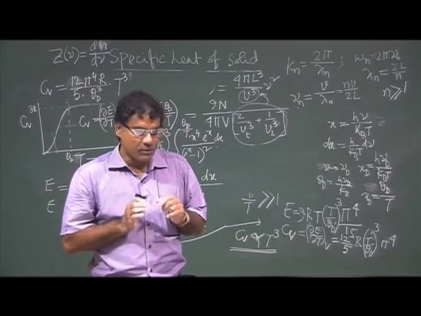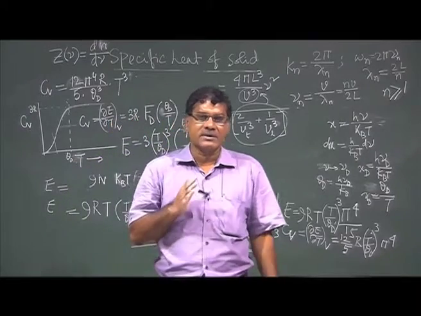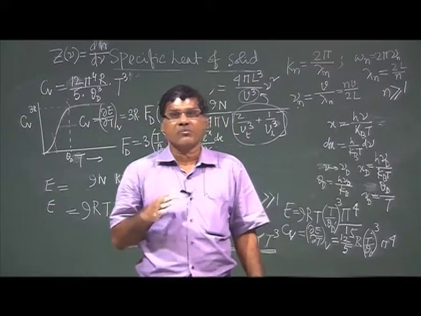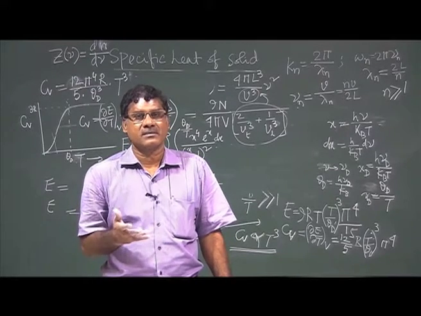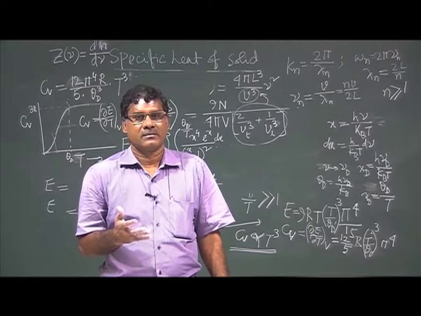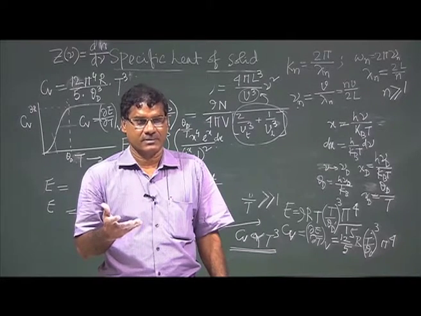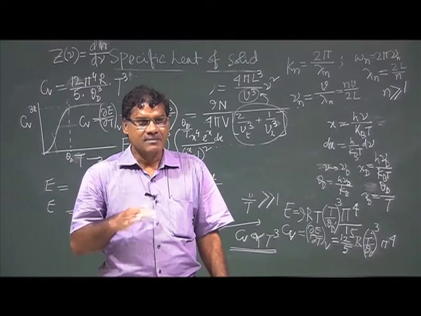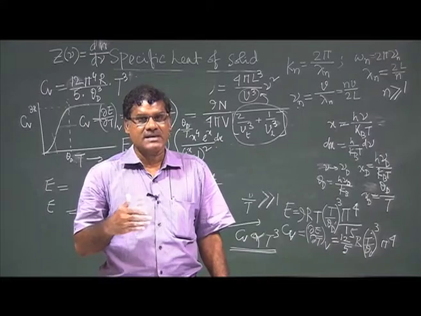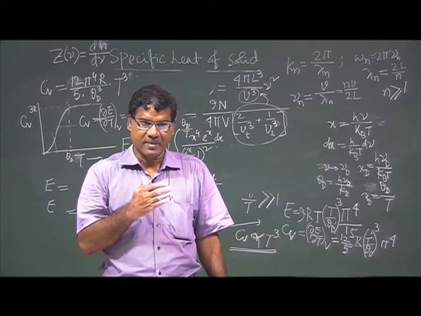So now what I want to tell you, the lattice vibration nowadays we always describe in terms of phonon vibration. Lattice vibration is nothing but the oscillation of phonons. Okay. So lattice vibration is expressed in terms of phonons.